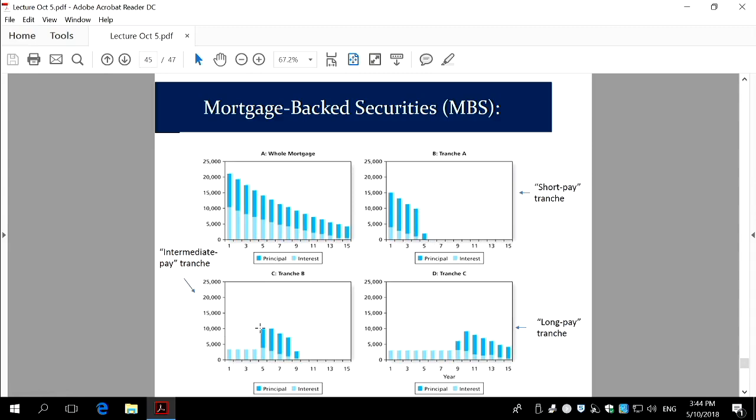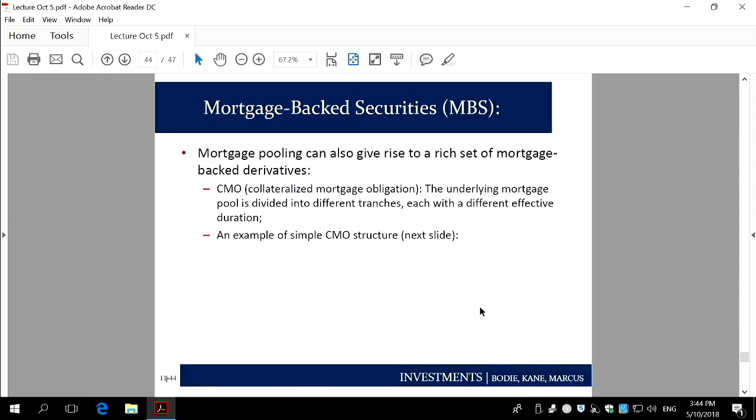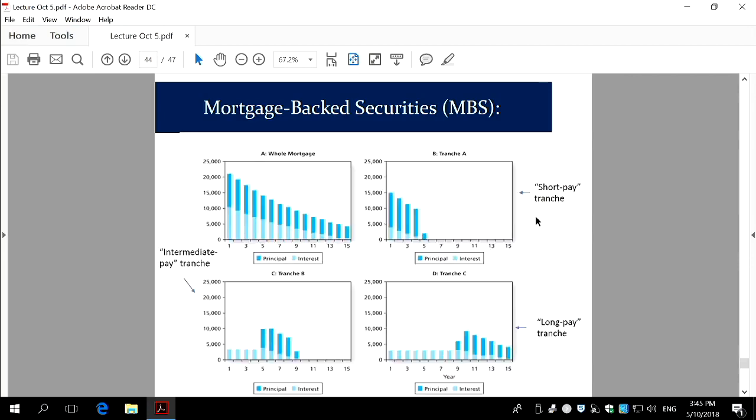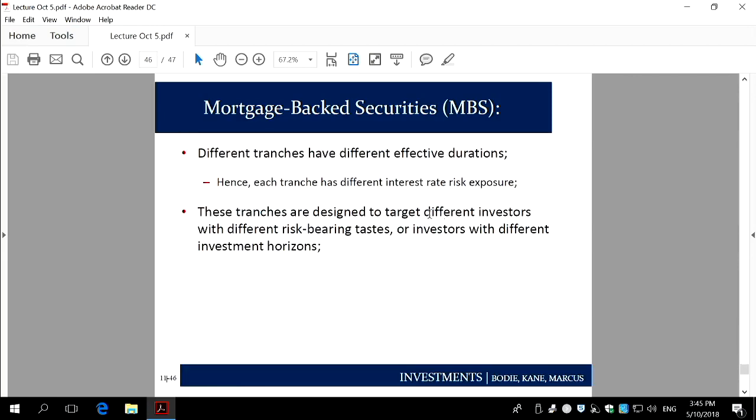Because this has a recent cash flow, of course the duration is shorter. This is a very long pay, so the duration is much longer. Each tranche has a different effective duration.